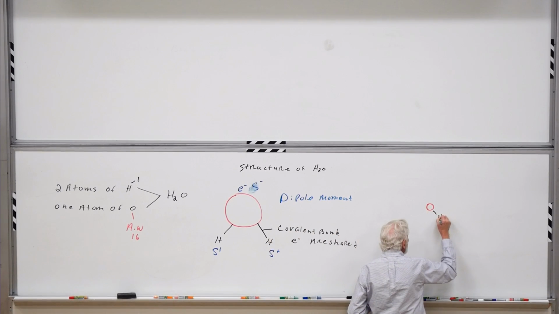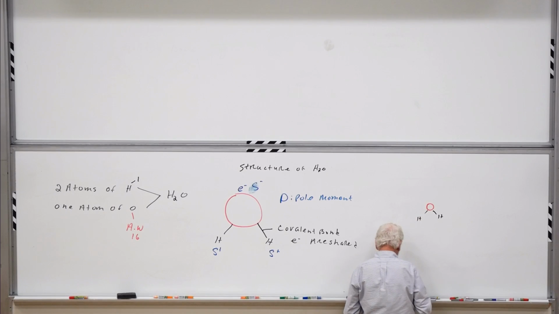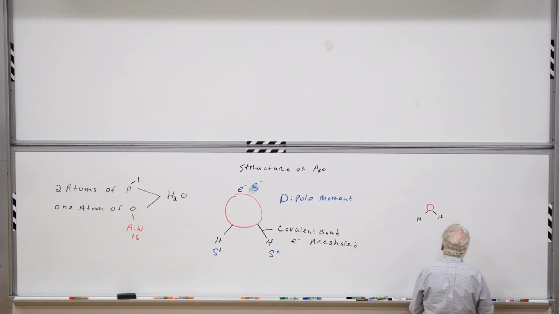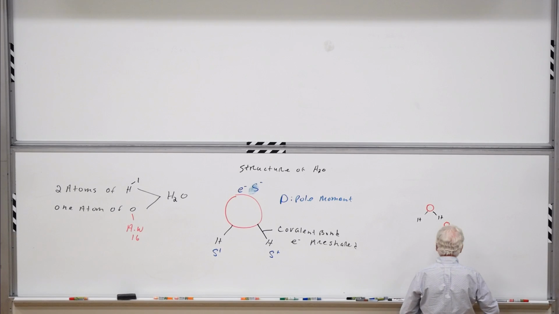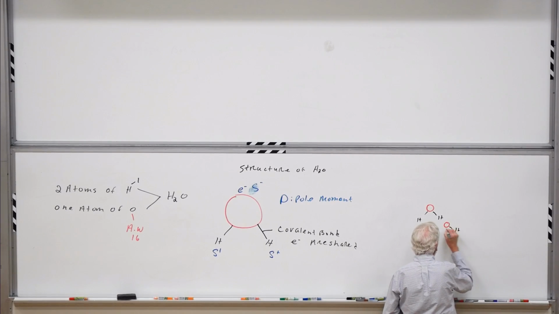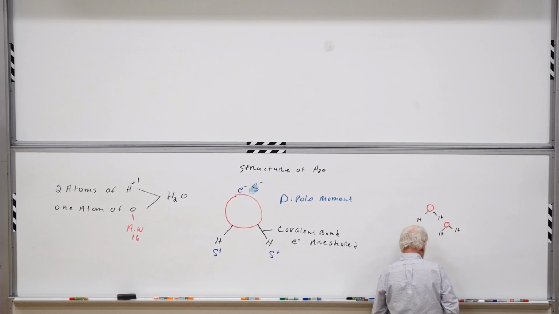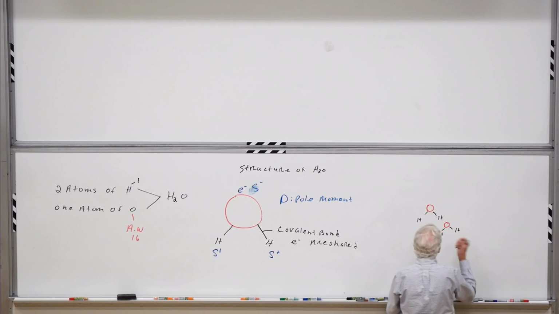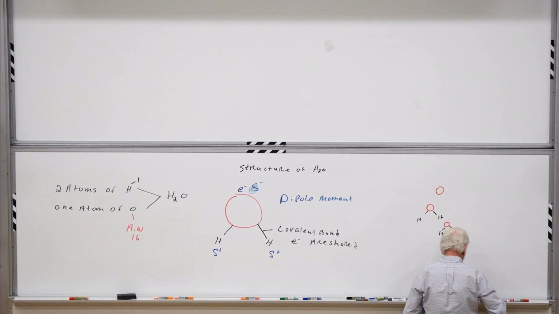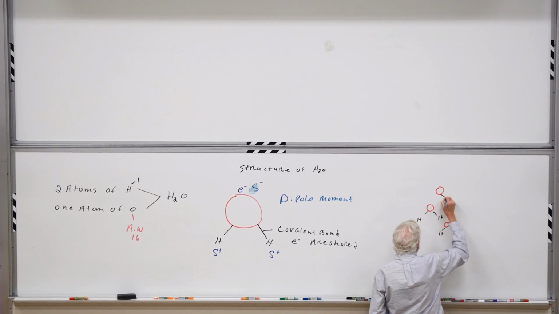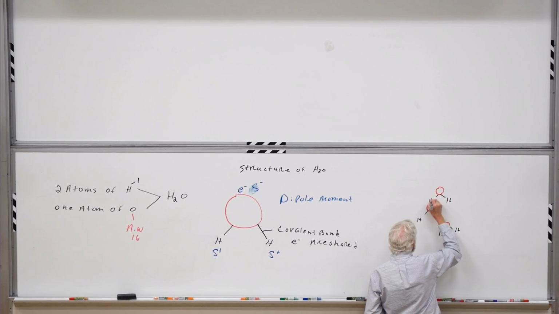Here are the 2 hydrogens. There's another water molecule down here. There's its oxygen, covalently linked to the 2 hydrogens. Put another one in here. Covalently linked to the 2 hydrogens.